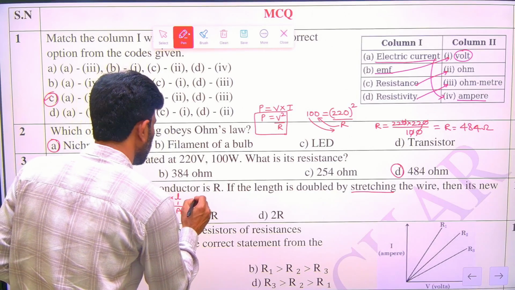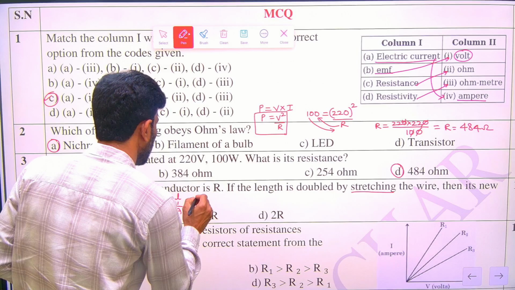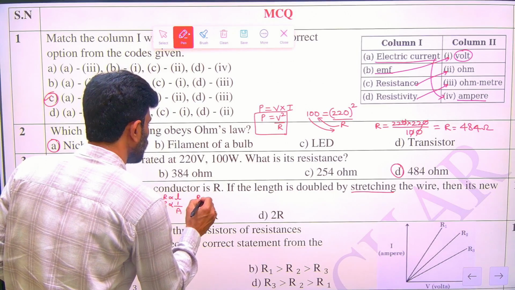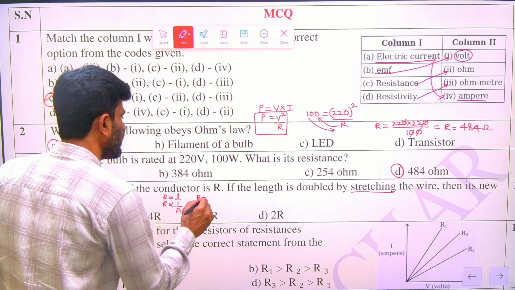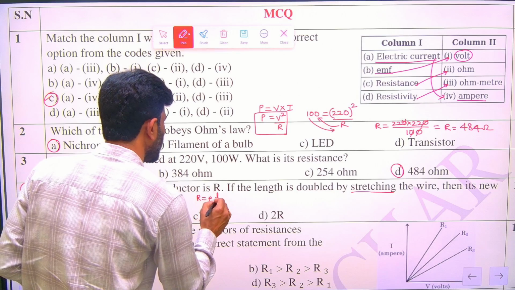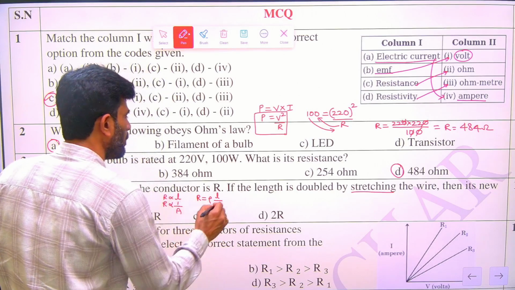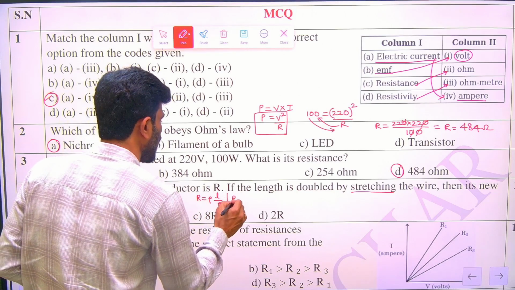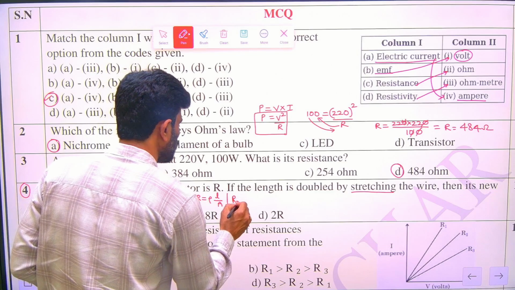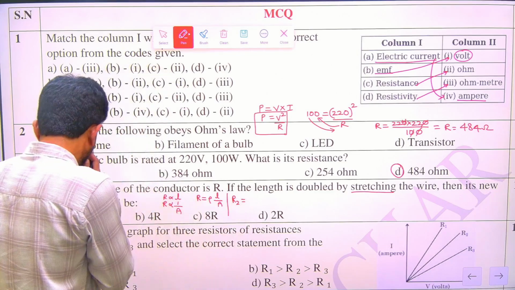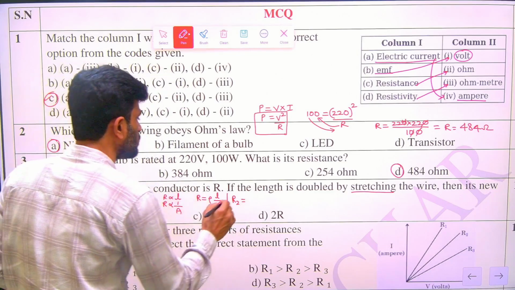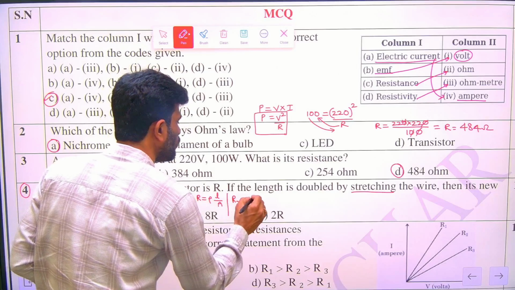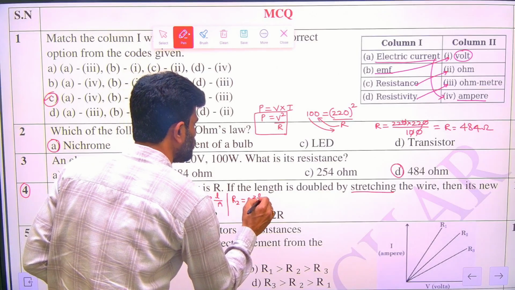R is equal to, we have the formula rho into L by A. This is in the first case. But in the second case, let us take it as R2. Rho into L, we have to substitute as 2L.